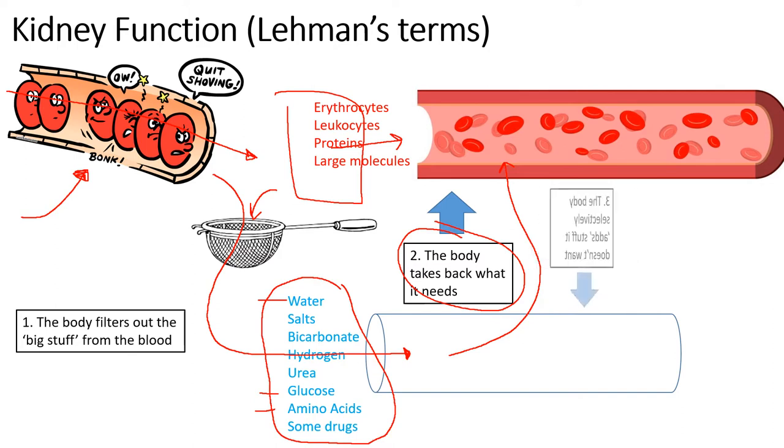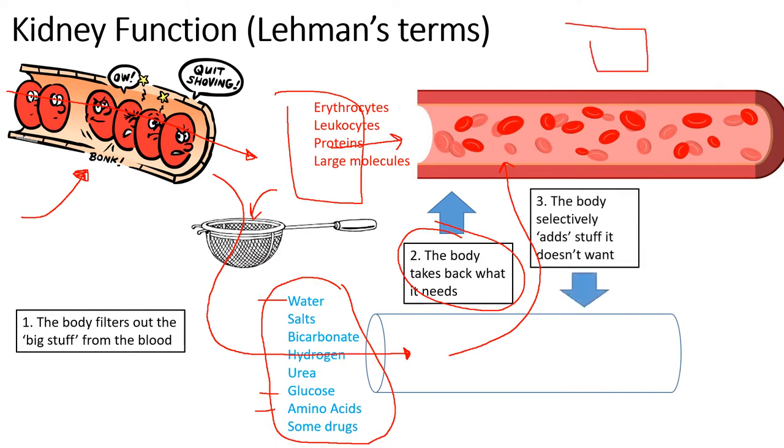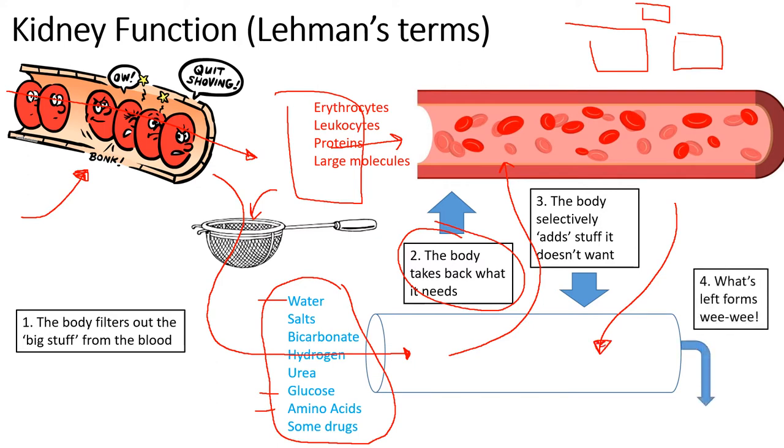And finally, there's still stuff in this blood that we couldn't filter out, and we put that back into the nephron, into the kidney, which then will form urine, and that's what we will excrete. So it's not just a case of separating the bad stuff from the good stuff. It's not that easy.